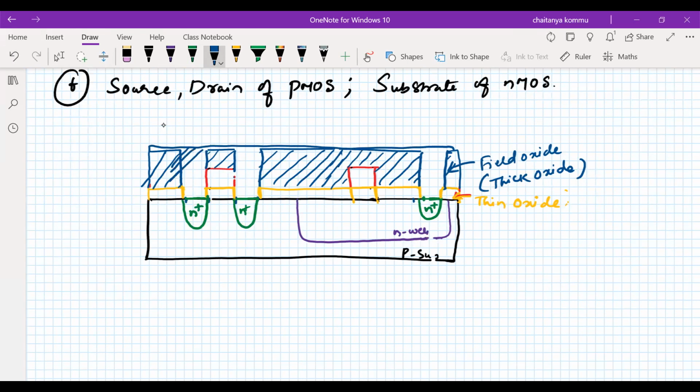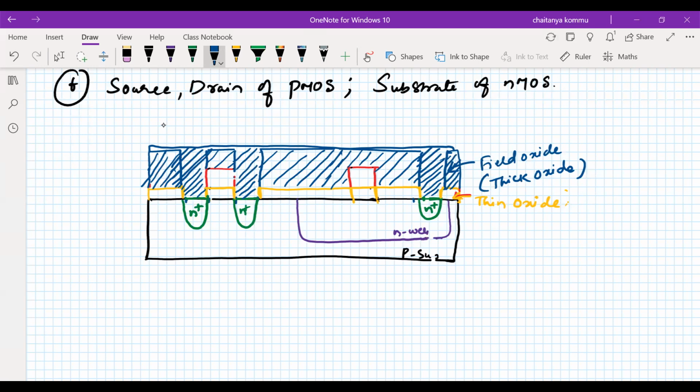That means these portions are also silicon dioxide now, and this portion is also filled with silicon dioxide. So the entire surface is again covered with field oxide.